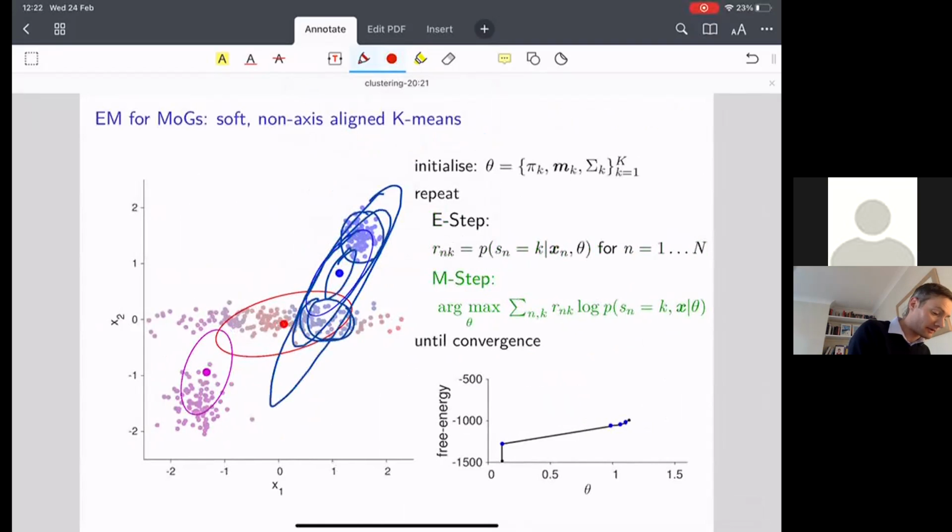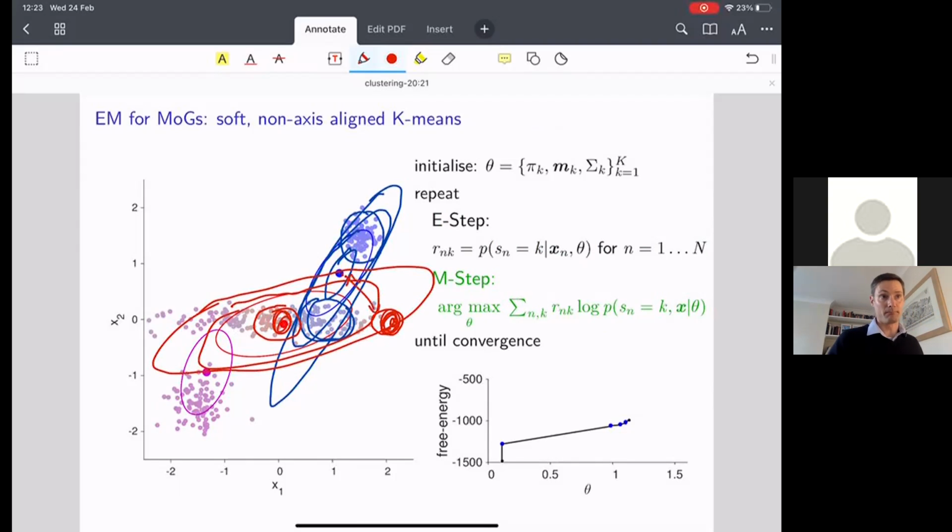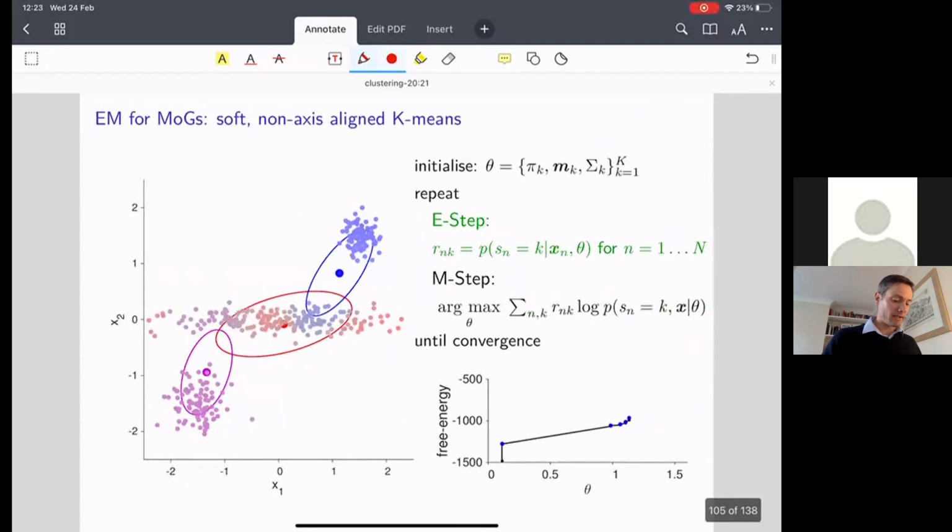But the red cluster now not only grabs all these points in the middle with fairly high probability, it also grabbed these ones out here, because its contours of probability look like this, and so these have higher density under the red cluster than under the blue one, even though maybe this distance is a bit smaller. So learning these covariance matrices ends up giving non-trivial behavior.